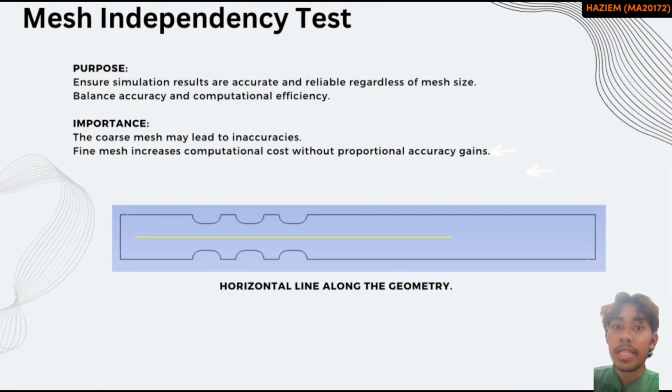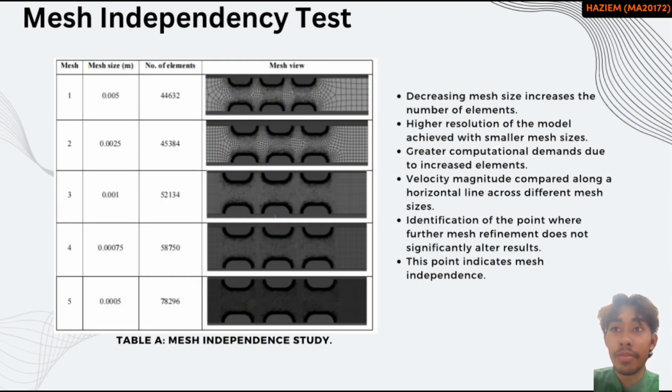For the mesh independency test, the purpose is to ensure simulation results are accurate and reliable. It's important because a coarse mesh may lead to inaccuracies and a fine mesh increases computational cost. These are 5 different mesh sizes with 5 different numbers of elements and 5 different mesh views. Decreasing mesh size increases the number of elements.